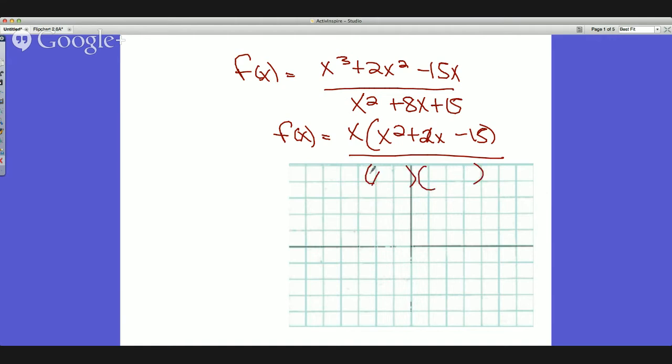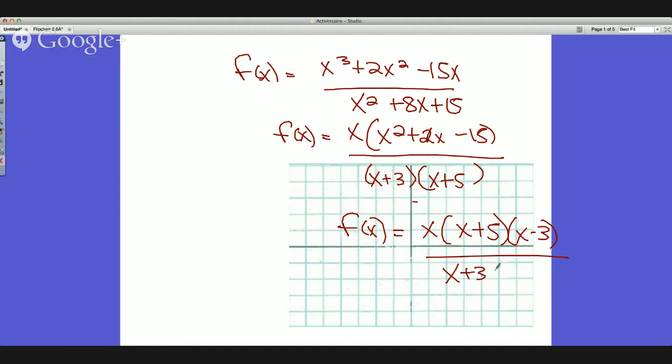I got x plus 3, x plus 5. Good. And then at the top, I think we could factor this out, which would be what there? X plus 5, x minus 3. Good. I'll put that on the bottom here too.